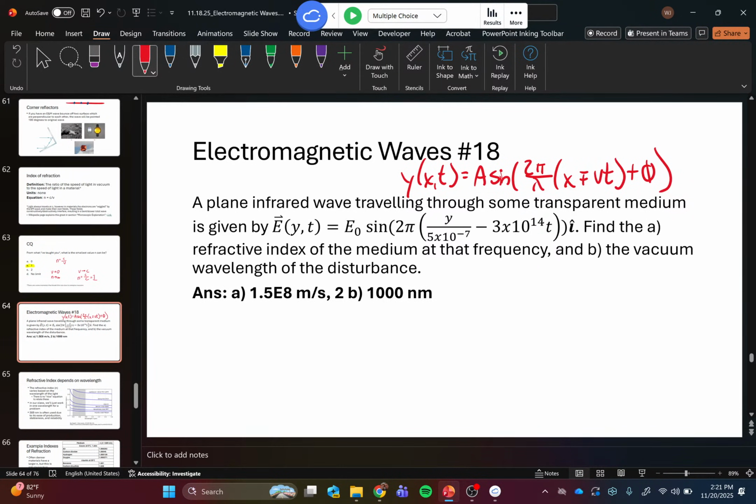Just be honest. You're finding the vacuum values, but it's not a vacuum here. That's the same. So the wavelength is changed.